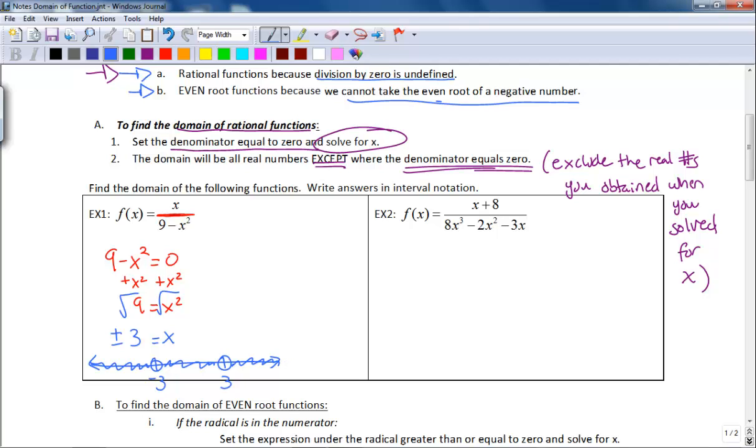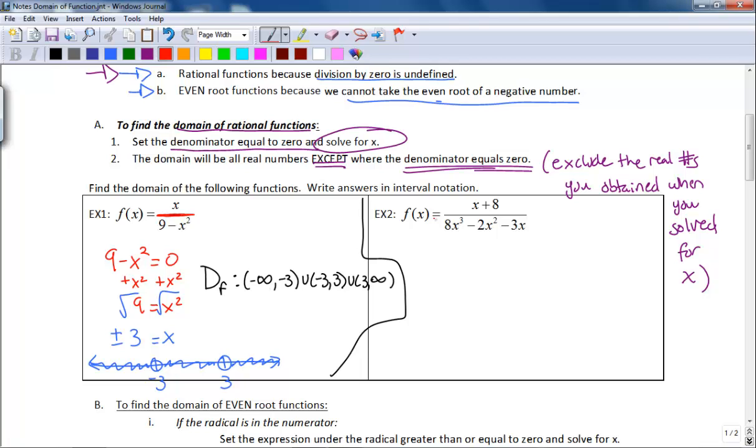Well, the interval notation of this, so the domain of f, is going to be from negative infinity to negative 3, parentheses, union from negative 3 to positive 3, parentheses again, union from 3 to positive infinity. So the domain of this function, again, is negative infinity to negative 3, negative 3 to positive 3, union 3 to positive infinity. Let's look at example 2.